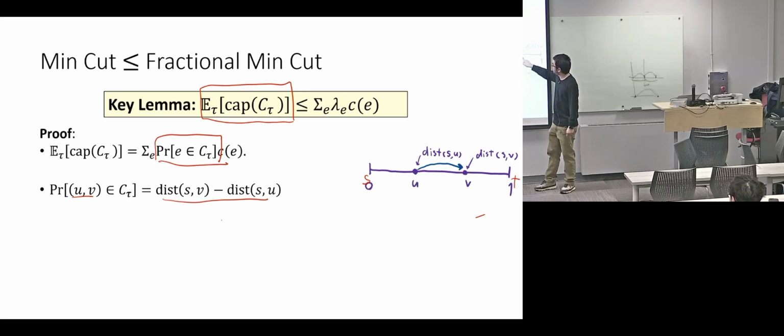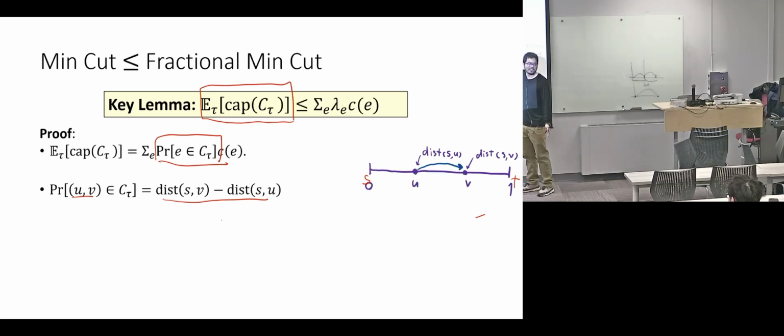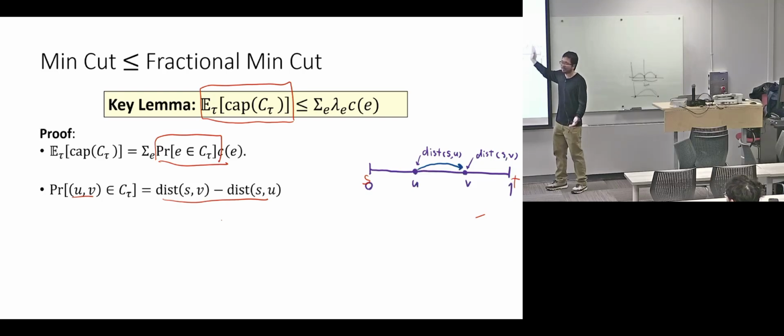And v is placed at the position given by the distance from s to v. And when will an edge uv be cut? If I choose the threshold here, it will not be cut. If here, it will not be cut. But if it's here, then it will be cut.